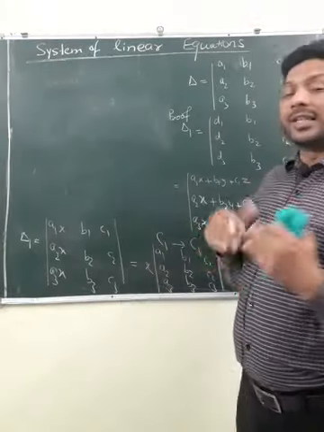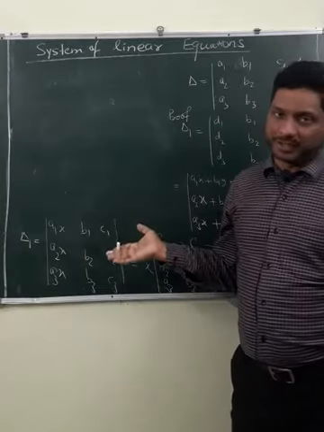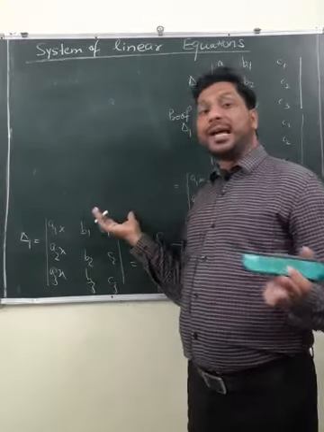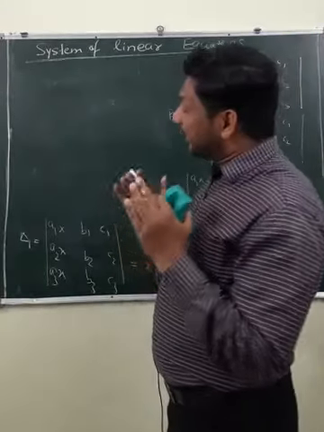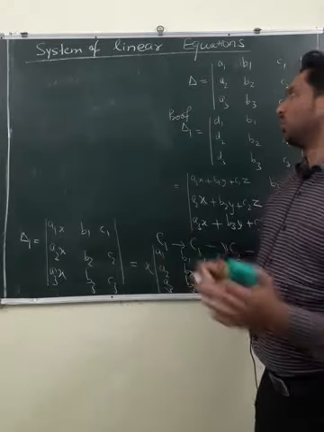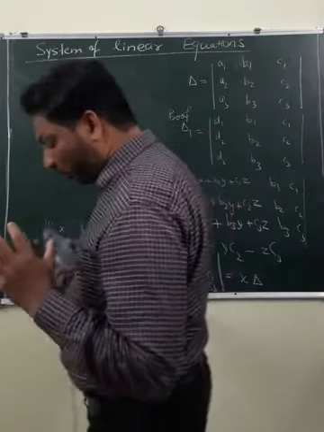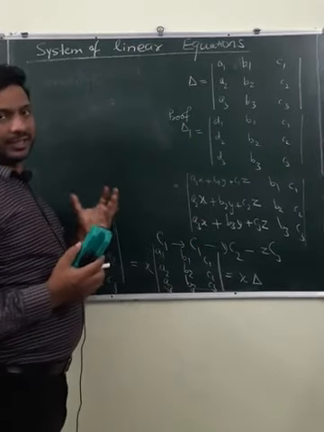And sometimes we get an infinite number of triplets which will satisfy all these equations, hence infinite solutions. And sometimes we don't get any ordered triplet, which means we get no solution. So what are the conditions I am going to see here?